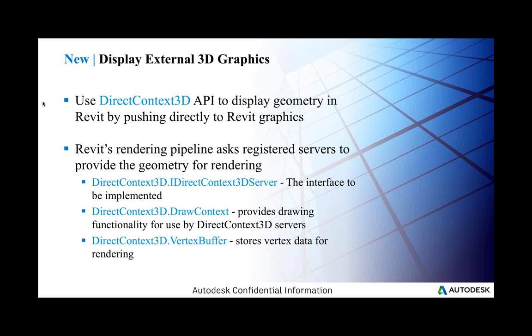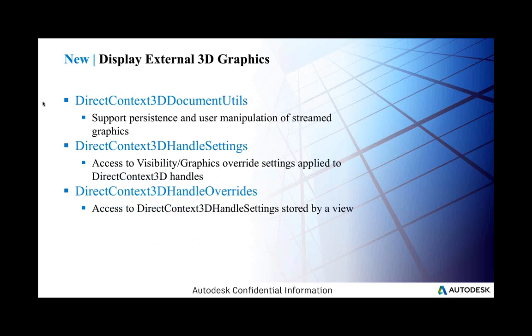And this functionality also includes storage of that information. So if you wish to add persistence of the graphics that you streamed into the Revit model, you can do so. You have access to visibility and graphics override settings. You have access to the settings stored by a view to display this data.